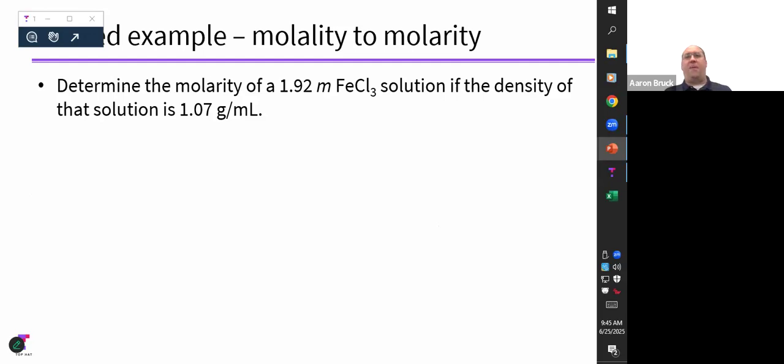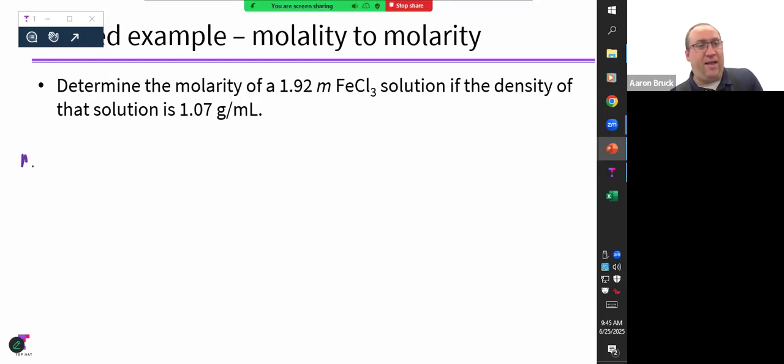All right, well, what if we have to go the opposite direction? What if we have to go from molality to molarity? Well, the process is pretty much the same. Molality would tell us that this solution, 1.92 molal ferric nitrate, iron 3 nitrate, is going to be 1.92 moles of iron 3 chloride in 1 kilogram of water.